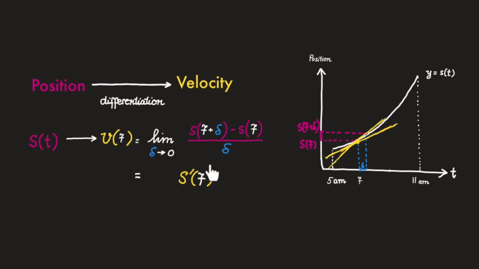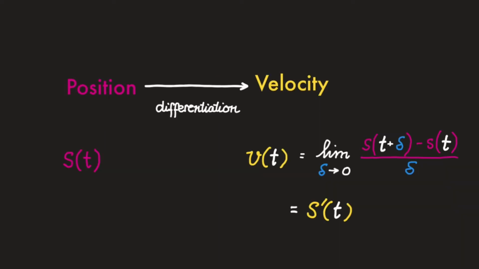It's the slope of the tangent line to the graph of position right at the time 7. Of course, there is nothing special or magical about the number 7. You can definitely apply the same argument to find your velocity at any time t. That's just going to be the derivative of the position function s at t. Alright, so we see that to get velocity from position, we can simply differentiate.